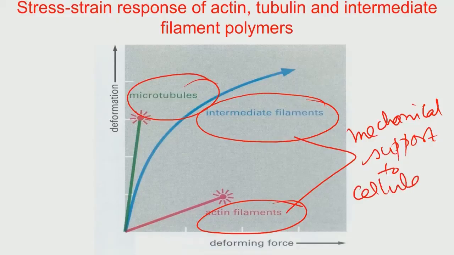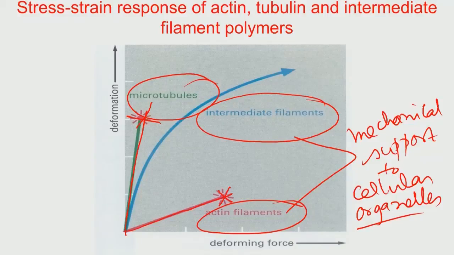Therefore, some understanding of their mechanical response, particularly under the application of tensile deformation or tensile force, is necessary. To start with, the mechanical response of actin filament is a perfectly linear elastic response. The same is true for microtubules as well.